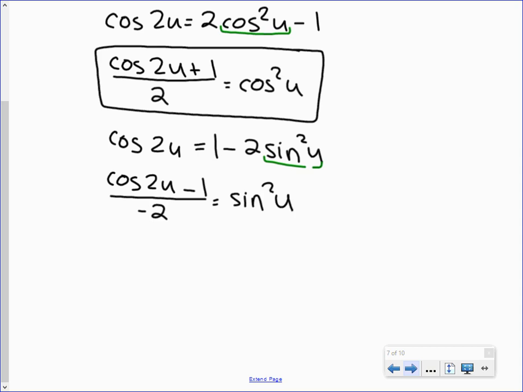Rather than have negative 2 in the denominator, if I were to divide these two, the cosine of 2u would be negative, divided by negative 2. And the negative 1 divided by negative 2 would be positive. So I'm just going to flip-flop my numerator. 1 minus cosine 2u over 2 equals sine squared u.